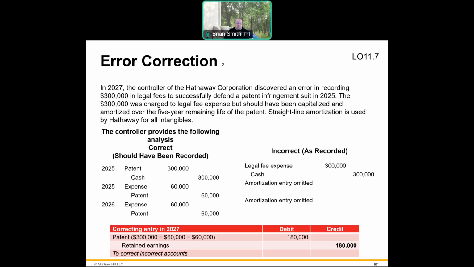We see what it should have been on the left, what it was on the right. You make the appropriate entries and impact retained earnings. On the statement of retained earnings, we show prior period adjustments. In this case, it would be a reduction to retained earnings of $180,000, fixing it from expensing it to putting it into the asset of a patent, where it should have been.